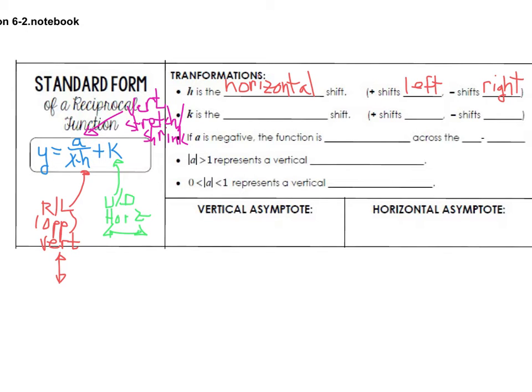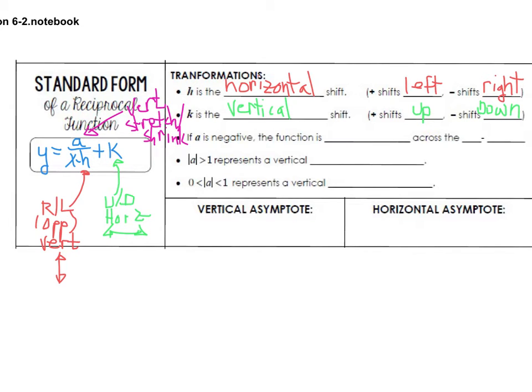Then your k is your vertical shift. Vertical because vertical lines go in a direction of up, down, right? So a positive is an upward shift and a negative is a downward shift.